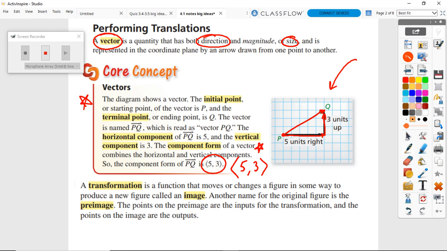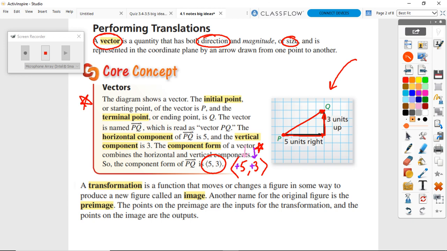So this tells you to go right or left, and the second, or the vertical component, tells you whether to go up or down. So a positive is going to go to the right on the first number, and a positive will tell you to go up on the second number. If they're negatives, first number is left, second number is down.